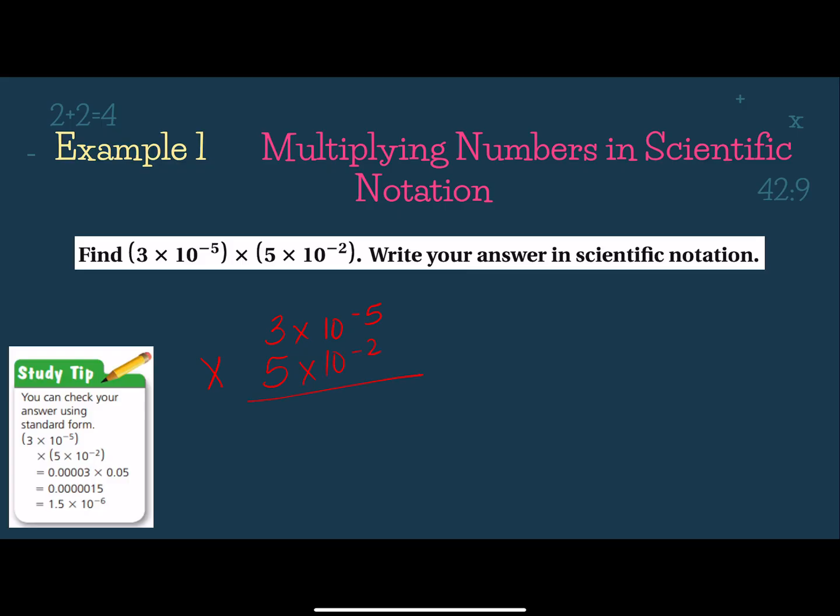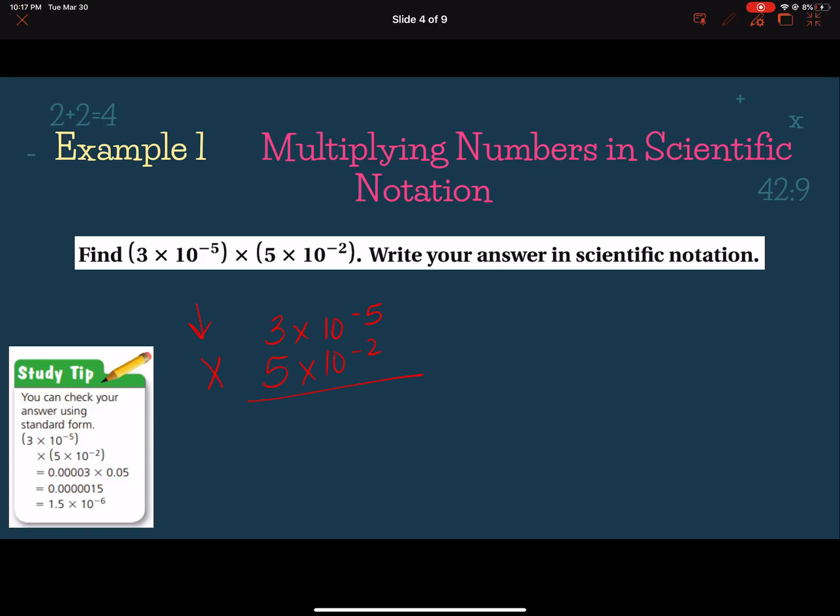The reason that I'm going to do these separately is because this is a product rule. I'm multiplying. And if I'm solving a problem using the product rule, that means if I have exponents with the same base, I add those exponents. And negative 5 plus negative 2 is negative 7. So that is how I would take care of this part.